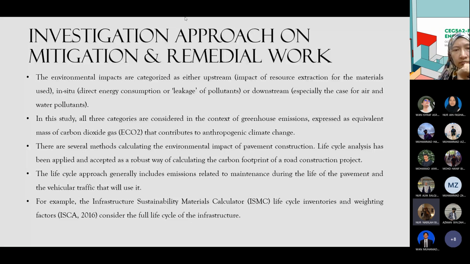There are several methods calculating the environmental impact of pavement construction. Life cycle analysis has been applied and accepted as a robust way of calculating the carbon footprint of a road construction project. The life cycle approach generally includes emission related to maintenance during the life of the pavement and the vehicular traffic that will use it. For example, the Infrastructure Sustainability Materials Calculator ISMC, life cycle inventories and weighting factors based on ISCA 2016 consider the full life cycle of the infrastructure.